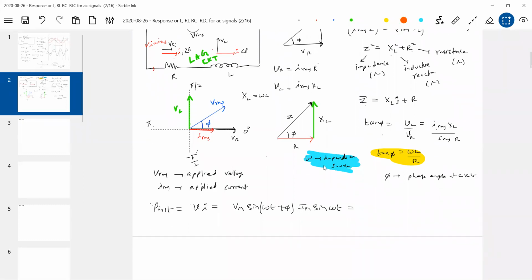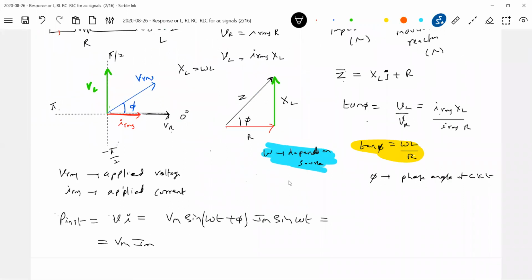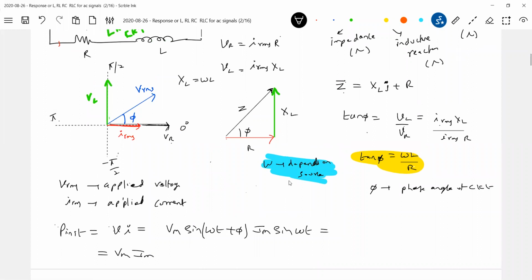I'll write the next step here. I'll magnify it. Okay, try to look at this one. So we'll expand this sine omega t cos phi into sine omega t.